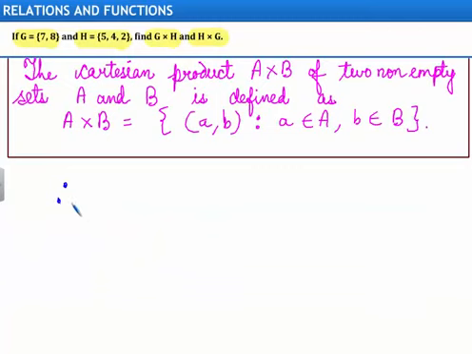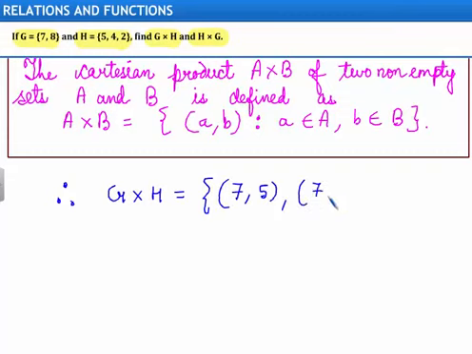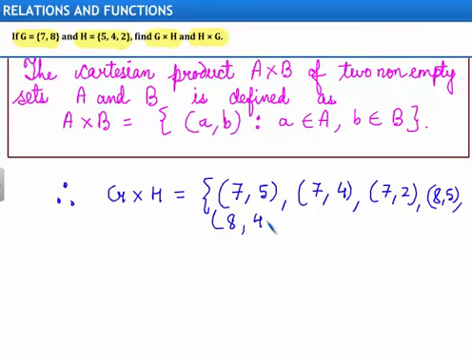Therefore, for the Cartesian product G cross H, the first element will belong to the set G and the second element will belong to the set H. So we will have (7, 5), (7, 4), (7, 2), (8, 5), (8, 4), and (8, 2).